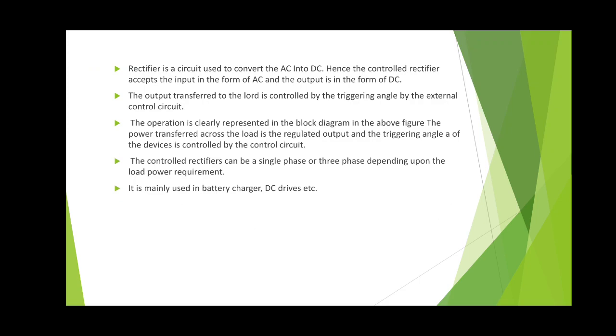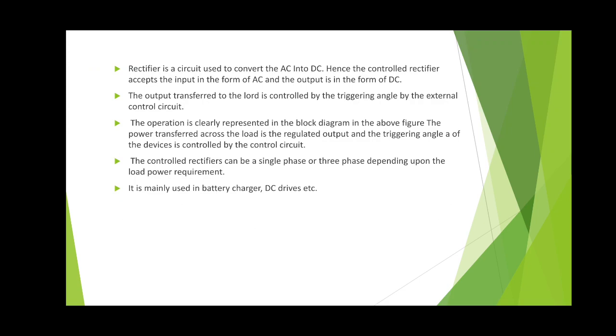So in half wave, a single half cycle appears at the output, and in full wave both the half cycles will be converted to the DC value. Then another way to classify the rectifiers is depending upon the construction. There are two types, midpoint rectifier and bridge rectifier. Full wave rectifiers are classified as midpoint and bridge rectifiers.